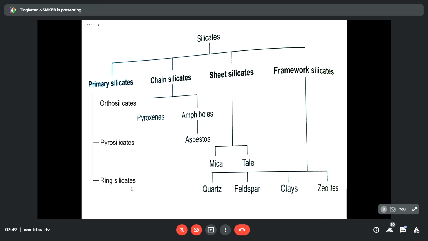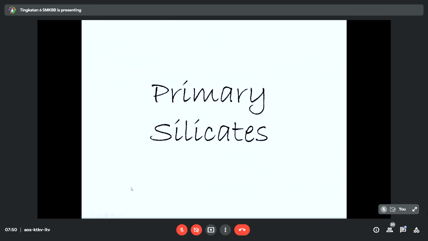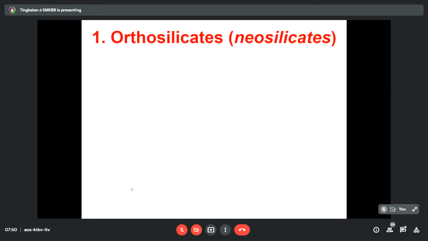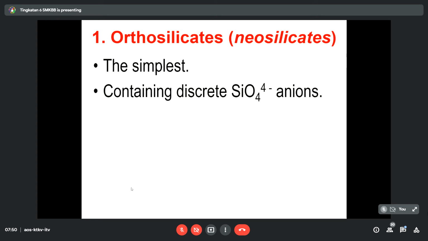Okay, so let's have a look at this one. Let's look at the primary types. There are 3 examples: orthosilicate, pyrosilicate, ring silicates. Orthosilicates, or the common name neosilicates, is the simplest, containing SiO4.